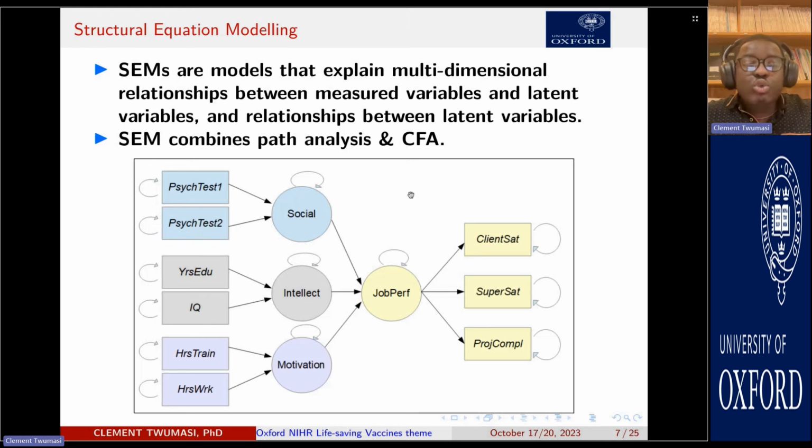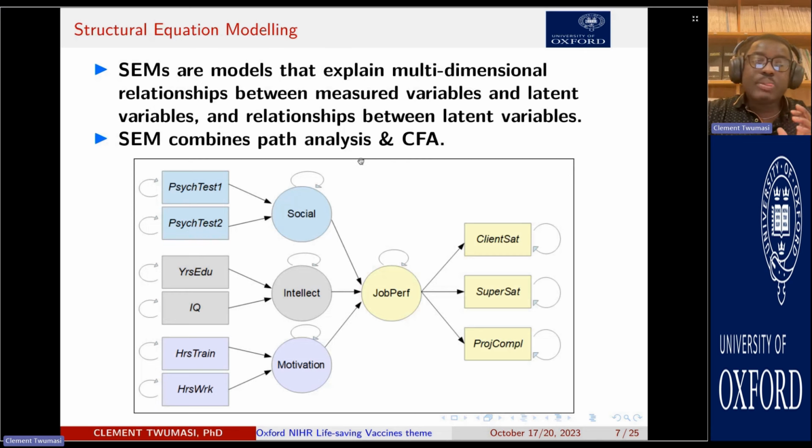But the moment you want to confirm that structure, to know whether indeed this intellectual score should be where it is or not, then you are doing confirmatory factor analysis. That explains why hierarchical regression can sometimes become a baseline or base exploratory analysis just to have a fair idea of the kind of structure you want. And of course, you can also use literature to inform that.